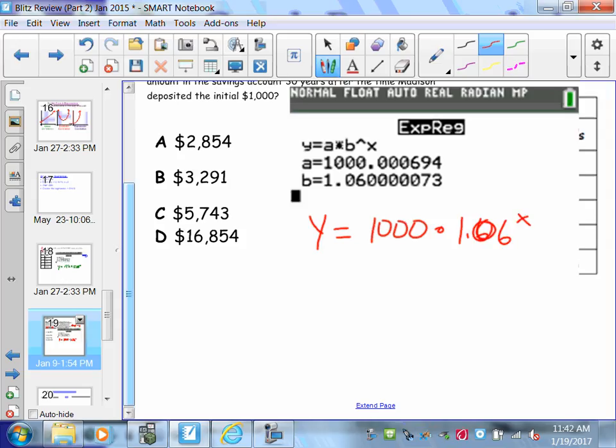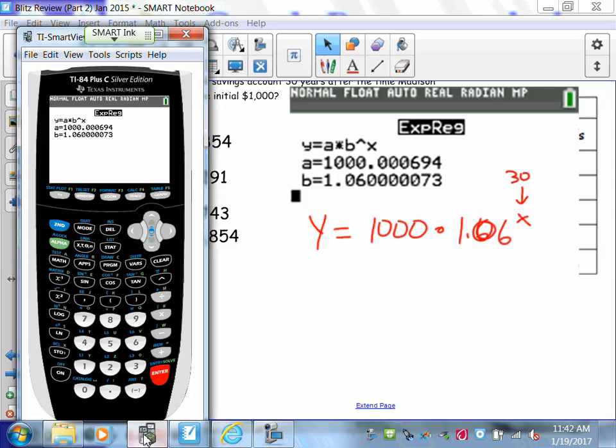And since x is 30, then you just plug in 30 into this equation. So 1,000 times 1.06 to the 30th power. What you're looking for?